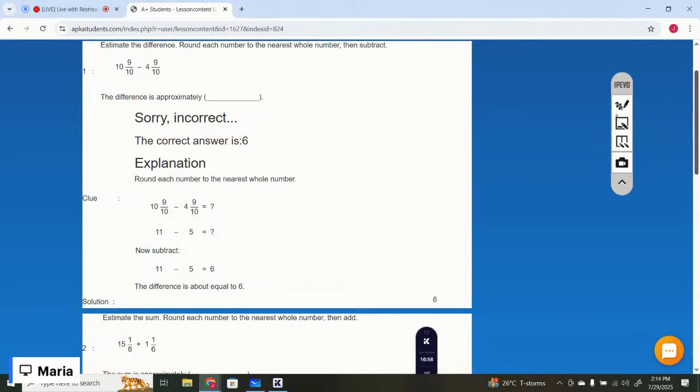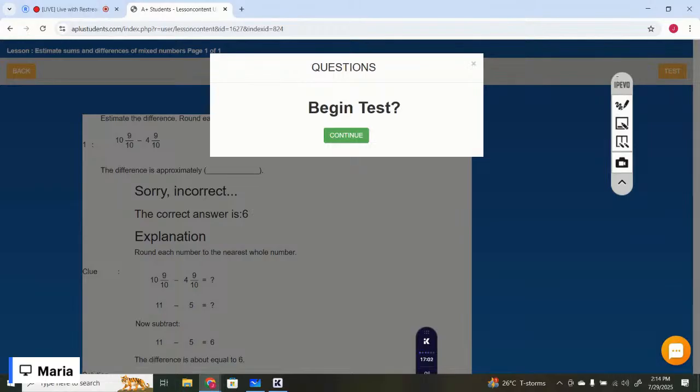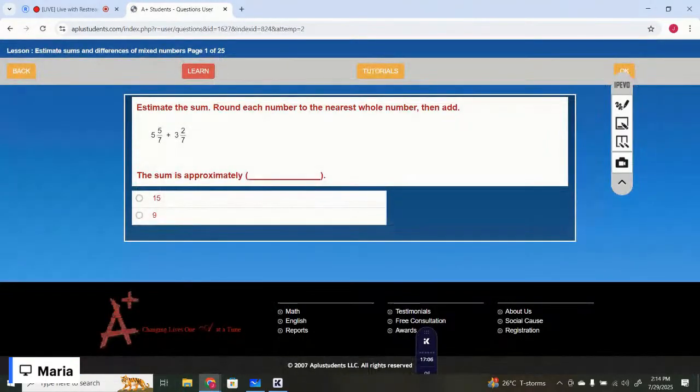Let's just start with the test questions. Estimate the sum 5 whole 5 by 7 plus 3 whole 2 by 7.